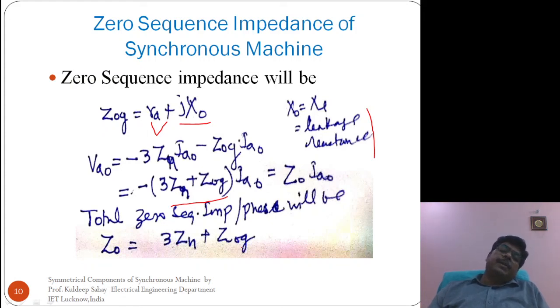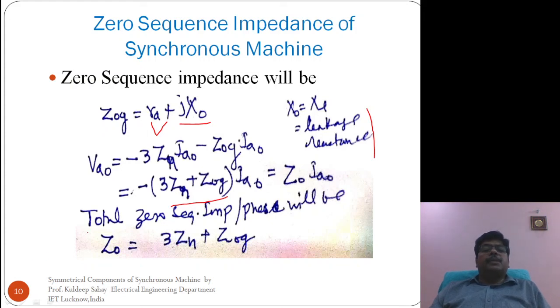Similarly, zero sequence impedance can also be found in the laboratory. All the phases are connected in parallel. Between that terminal and neutral, through the autotransformer, we supply a voltage, and due to this a zero sequence current flows, which gives the zero sequence impedance.